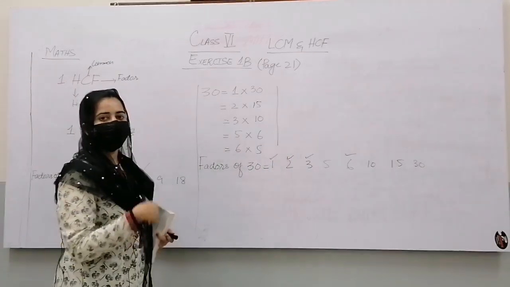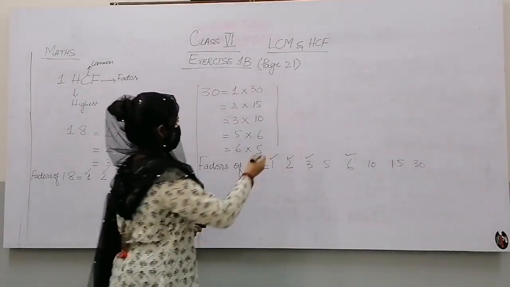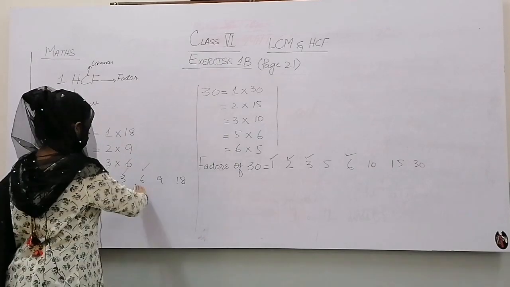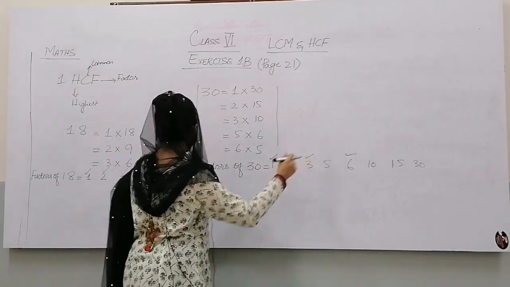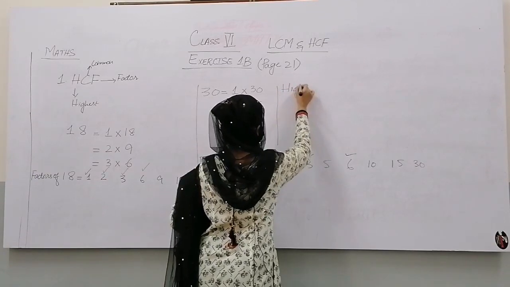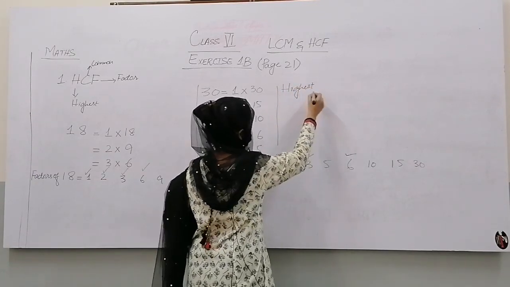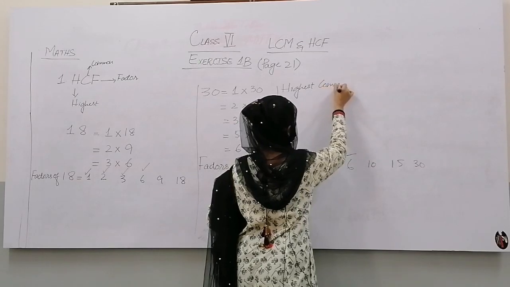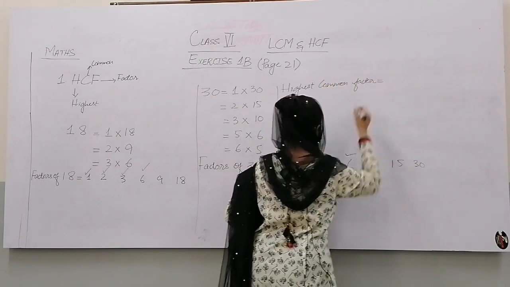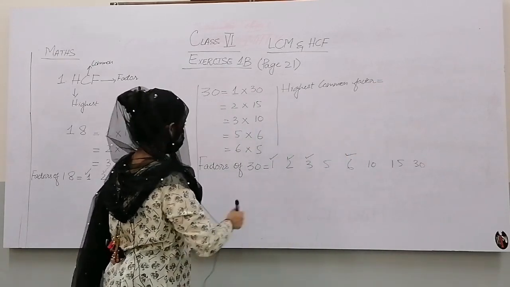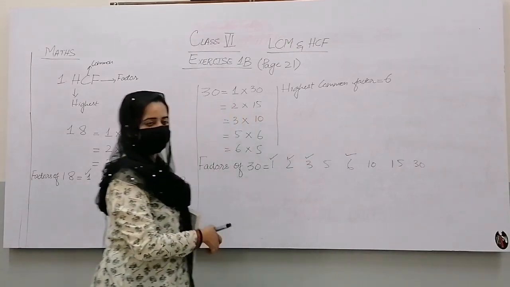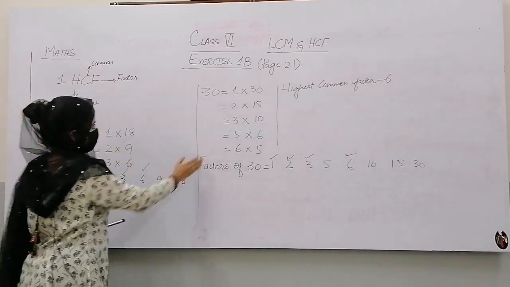Now, what is highest common factor? Highest common factor means the factor which is greatest of these all. You can clearly see that 6 is the highest common factor of these numbers 18 and 30.